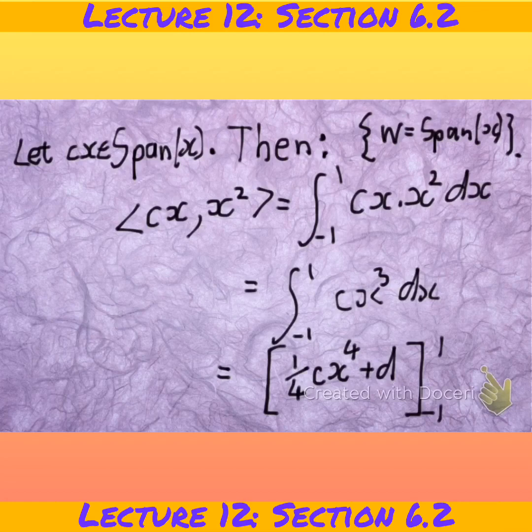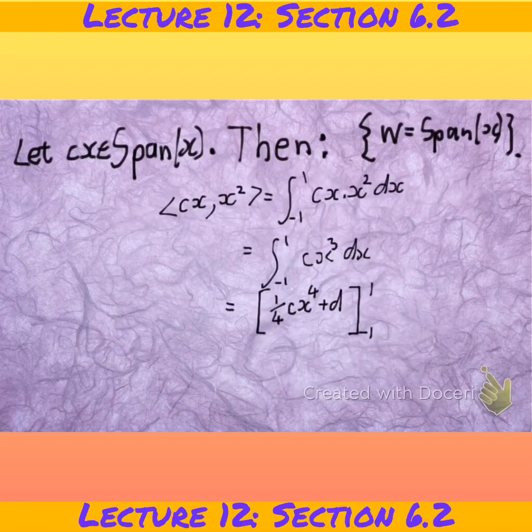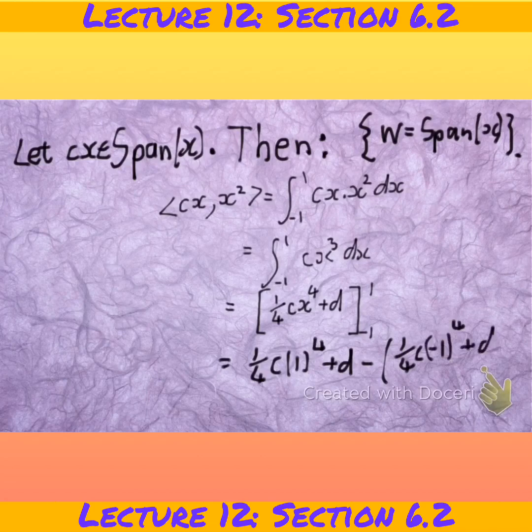Then you evaluate it: a quarter c times 1 to the power of 4 plus d, minus a quarter c times (-1) to the power of 4 plus d. Okay, and that term cancels that term there, and that term cancels that term there. So you've got a 0 there.